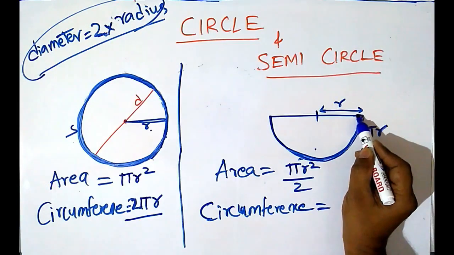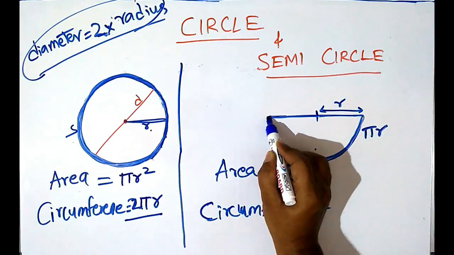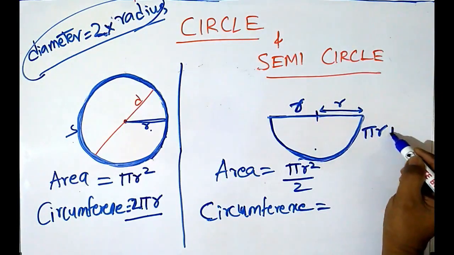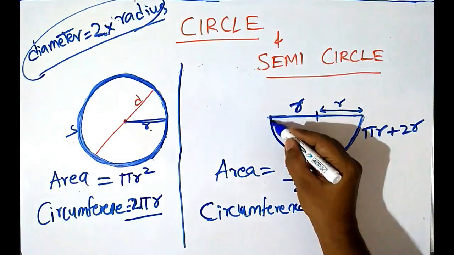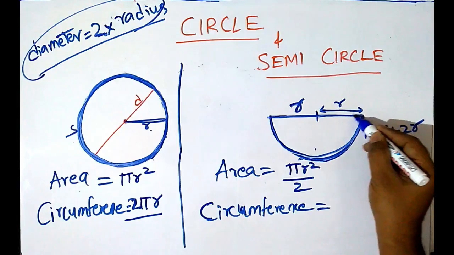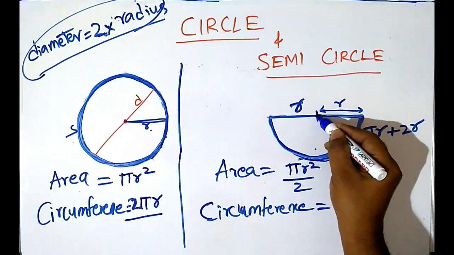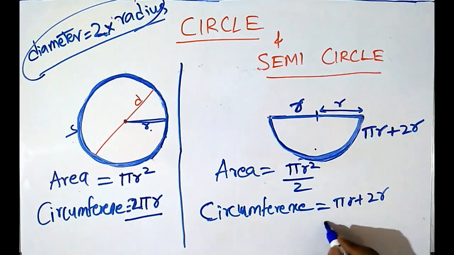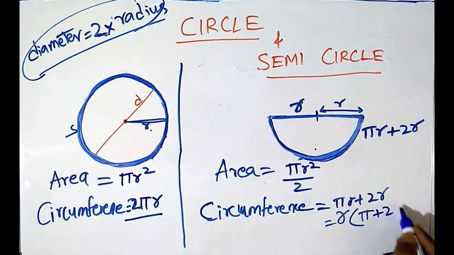You have to consider this radius and also this radius, that is 2 times the radius, plus 2r. So the perimeter of the semicircle is given by pi r plus 2r, which is r into pi plus 2. Clear, friends?